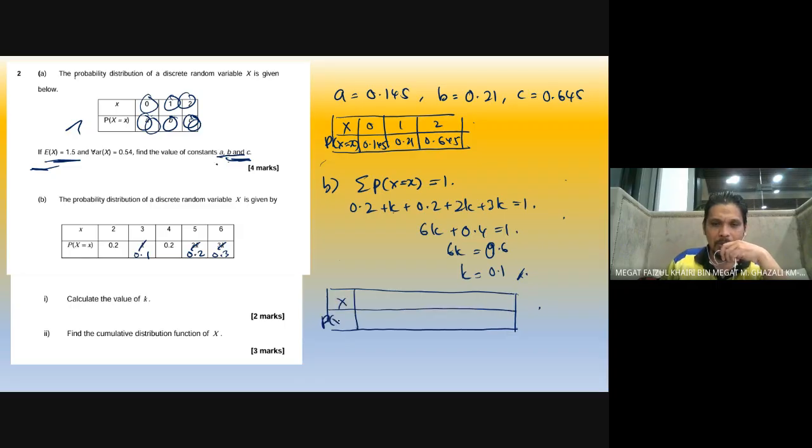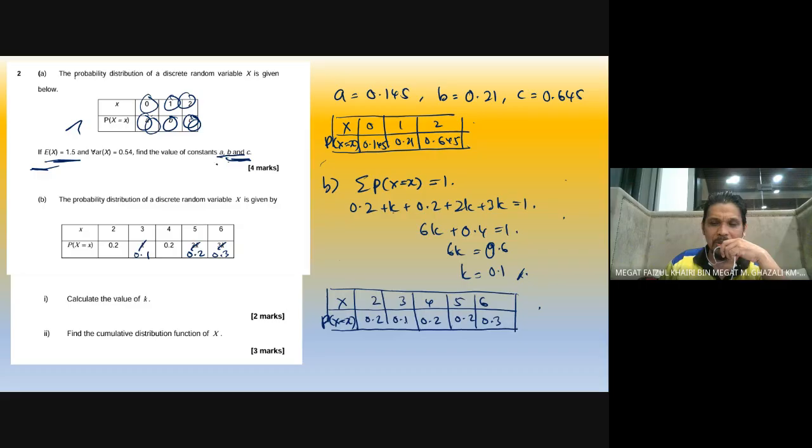x and probability of x: 2, 3, 4, 5, 6, with probabilities 0.2, 0.1, 0.2, 0.2, and 0.3.